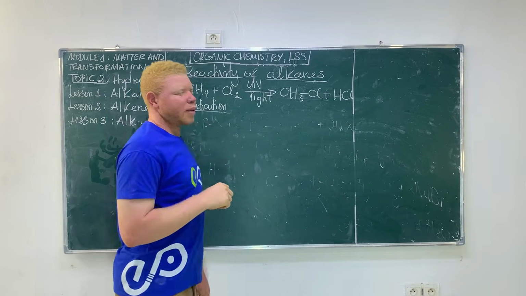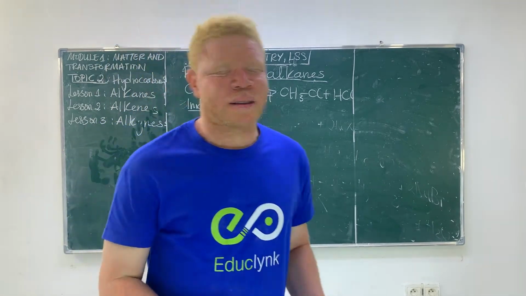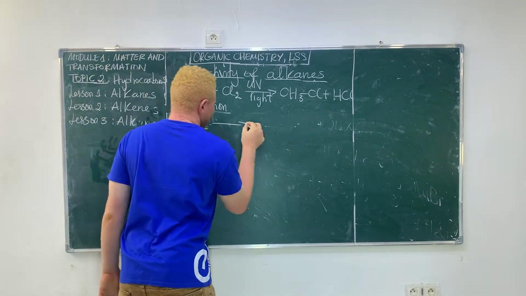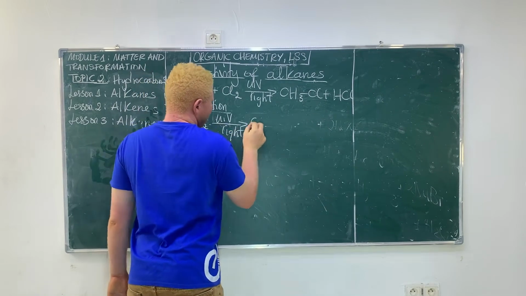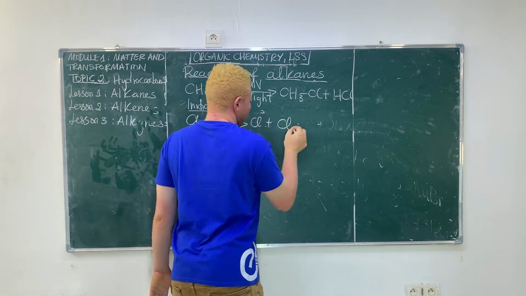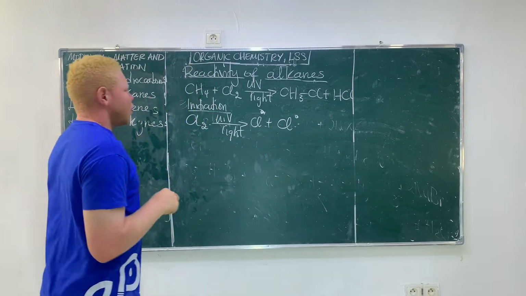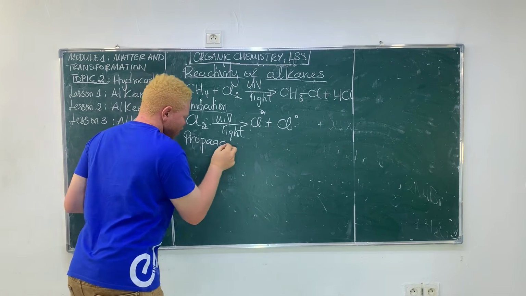The UV light is a catalyst. So in the formation of free radicals, we have Cl2, depending on UV light, giving Cl dot plus Cl dot. So, propagation.